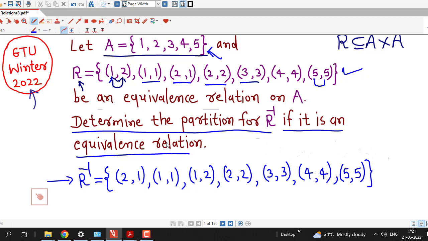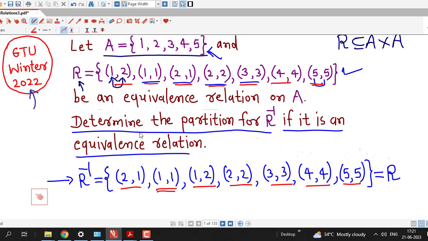And if you observe, this is exactly equal to the given relation R. We can verify that (2, 1) is in R inverse. So here I have (2, 1), then (1, 1), (2, 2), (3, 3), (4, 4), (5, 5), and (1, 2).